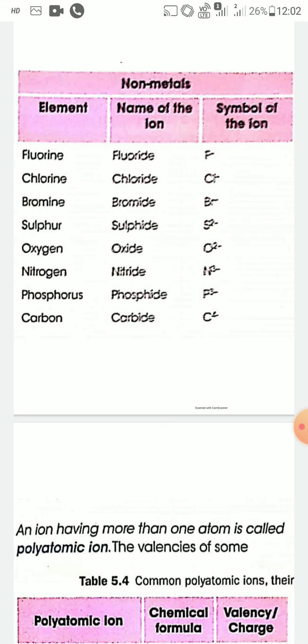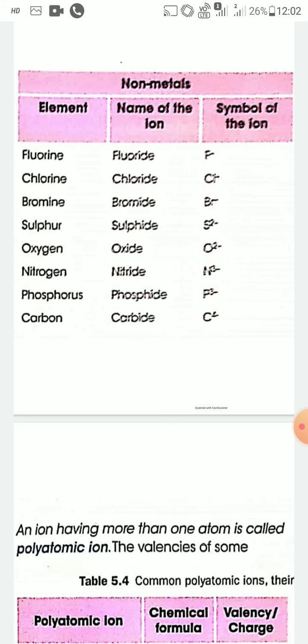Phosphorus forms the phosphide ion, P3-. And carbon forms the carbide ion. Okay, these are some examples of acid radicals, that is anions. Non-metals generally by gaining electrons form acid radicals.